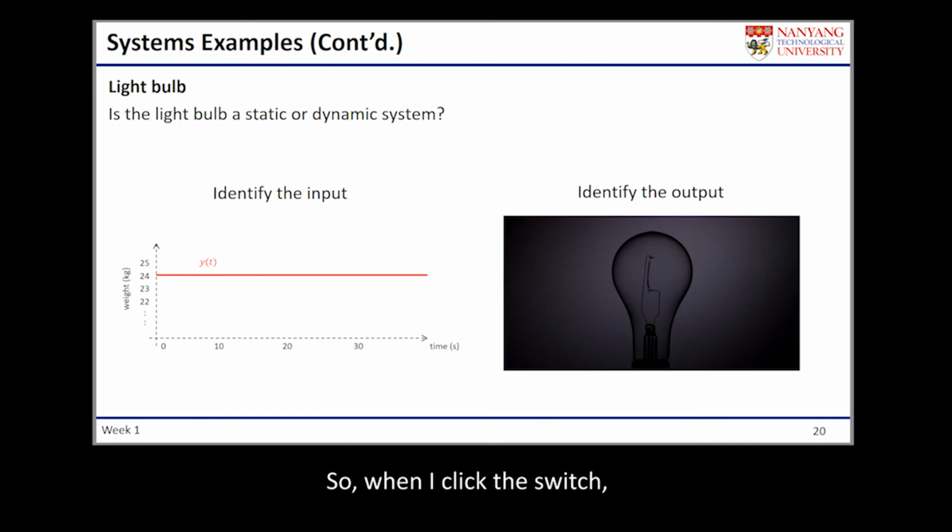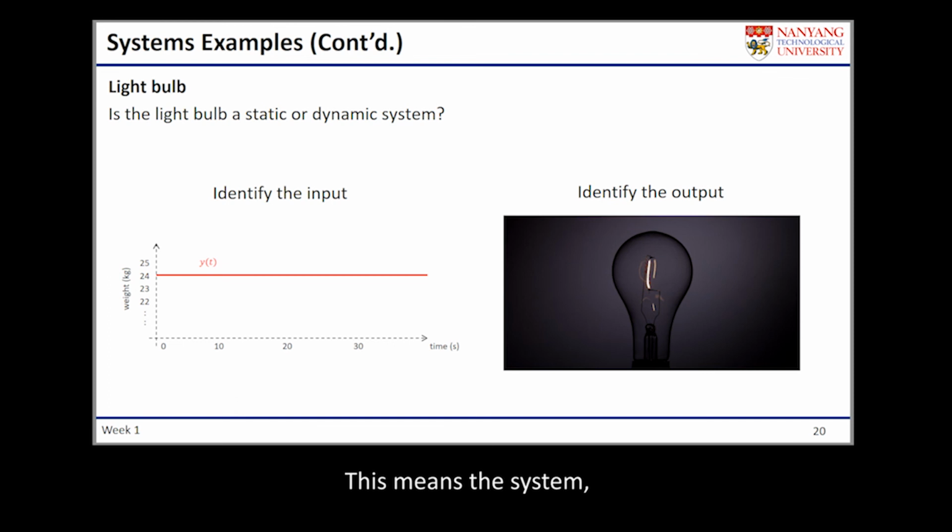So when I click the switch, if I run this video in very slow motion, the filament of the bulb will start to burn. You can see that the light bulb takes some time to burn the filament. So what does it mean?